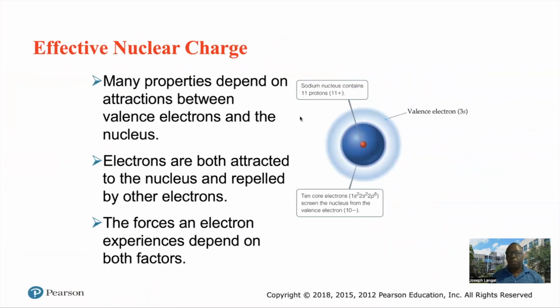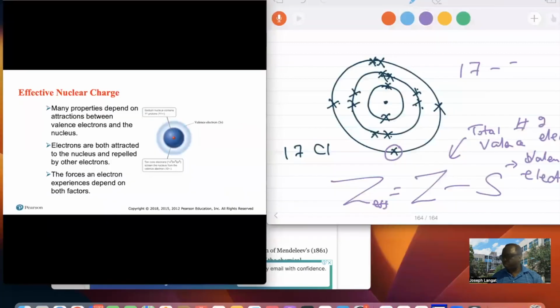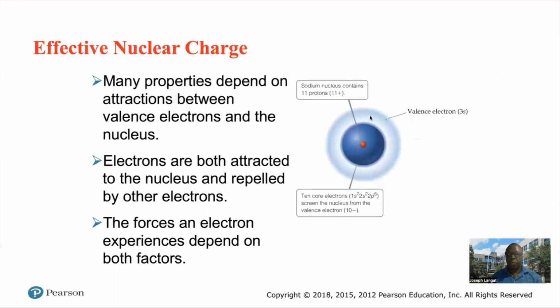So for chlorine, we have 17 minus the core, which is 10, and this is 7.